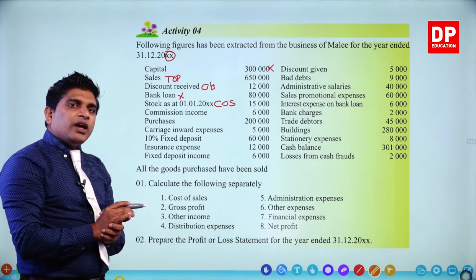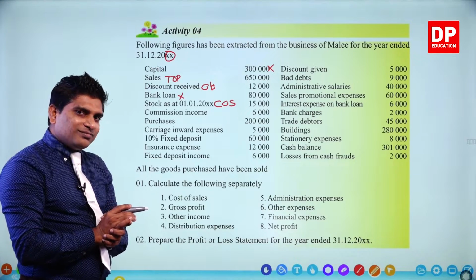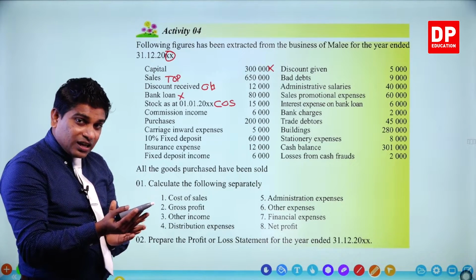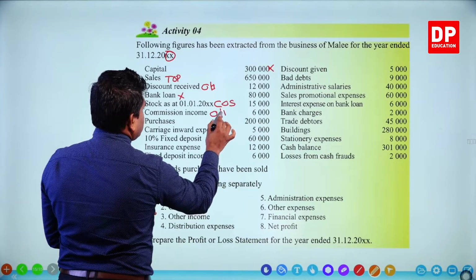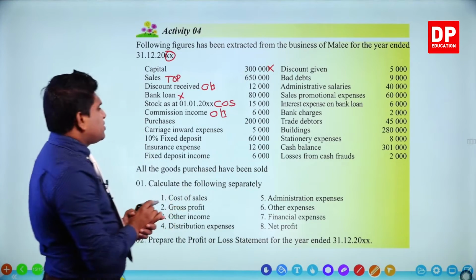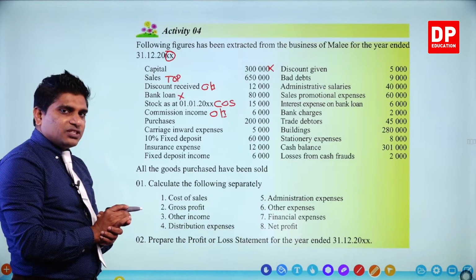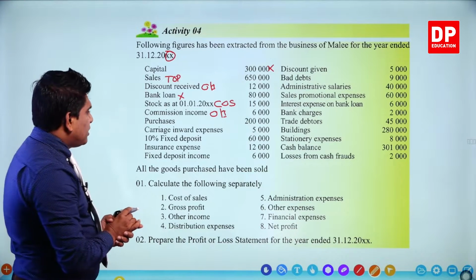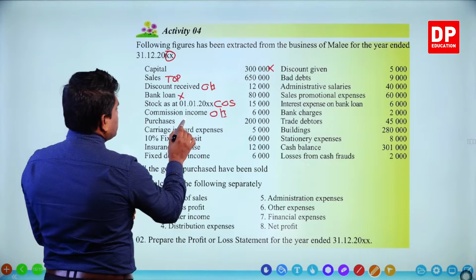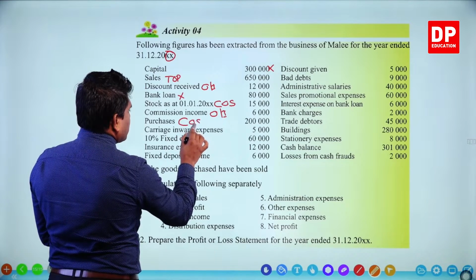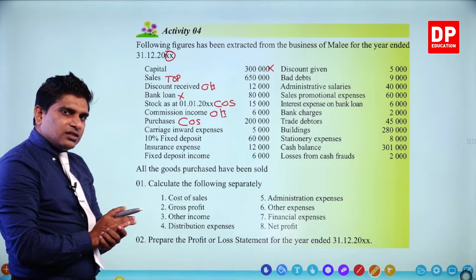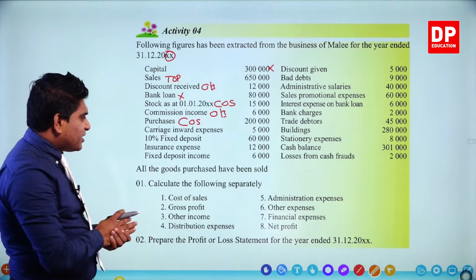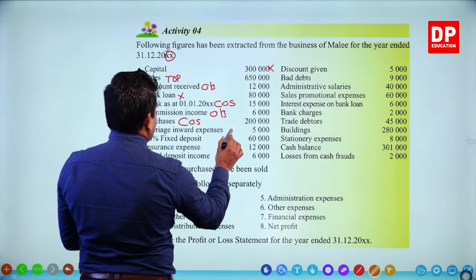Commission income, where we put? Other income, after the gross profit, right? Now purchase, also we use to calculate cost of sales. Carriage inwards, we add to the purchase, it means cost of sales.